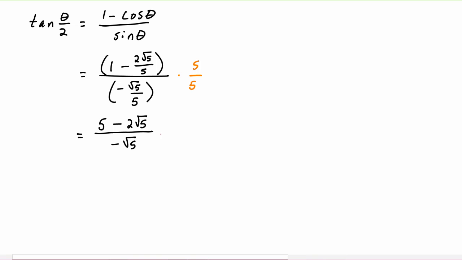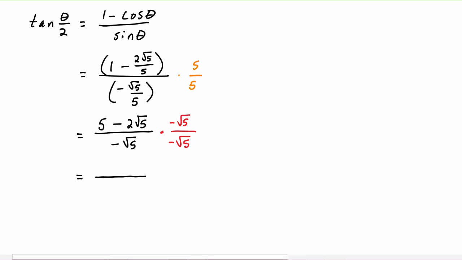We know we can't have a radical 5 in the denominator, and we probably want to get rid of that negative sign in the denominator, so let's multiply by negative radical 5 over itself. It would have been okay if you just did radical 5 over radical 5, and then you could deal with the negative sign later. We're just going to do it all in one step here.